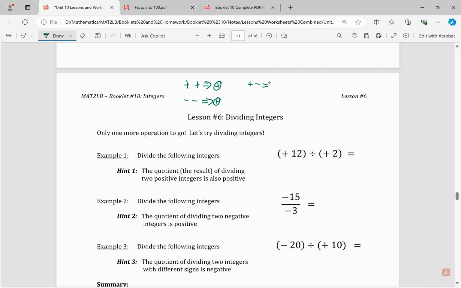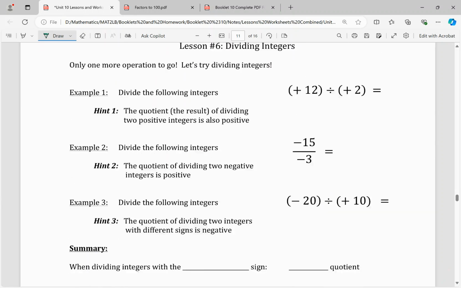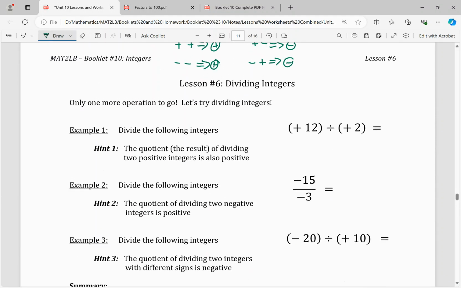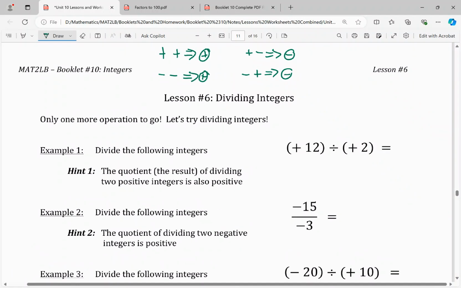But when they don't match, when you have a positive negative or a negative positive, you get a negative answer. Now, when we were multiplying, we called that answer a product. But when we're dividing, we're going to refer to that answer as the quotient, right? The quotient is the result of dividing two numbers.